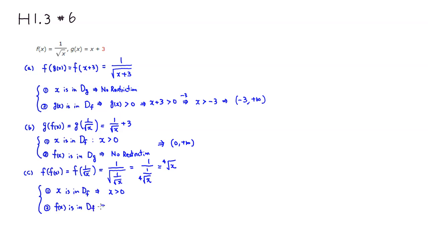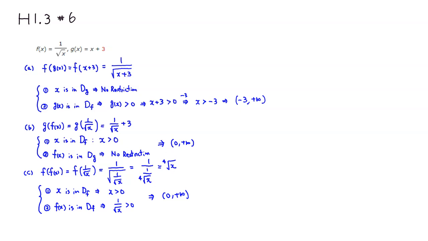So we know that 1 over square root of x has to be greater than 0. But as long as x is greater than 0, the whole thing is going to be greater than 0. So there's no added condition. As long as it's a positive value, it will be fine.